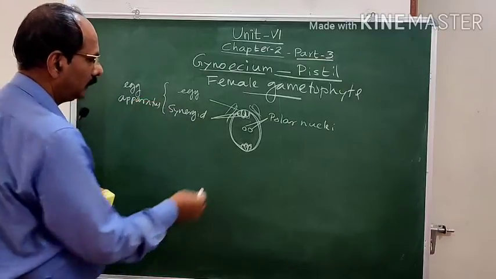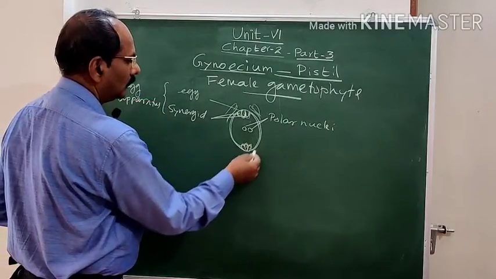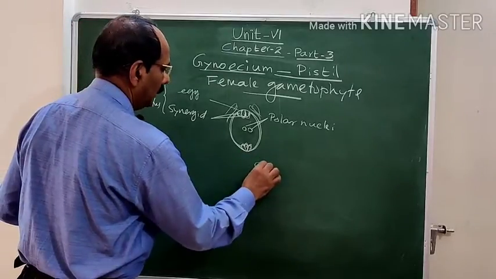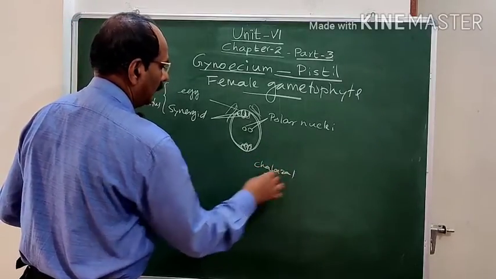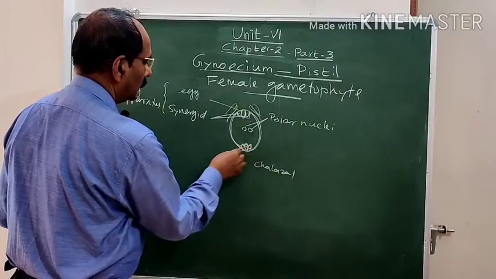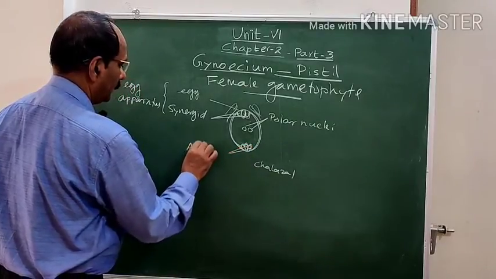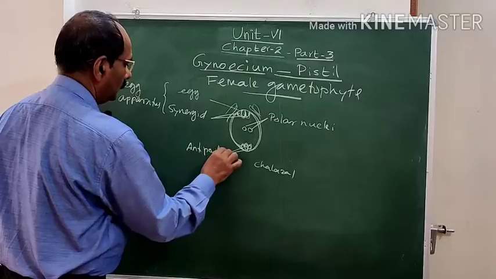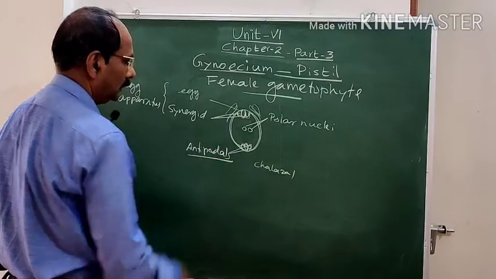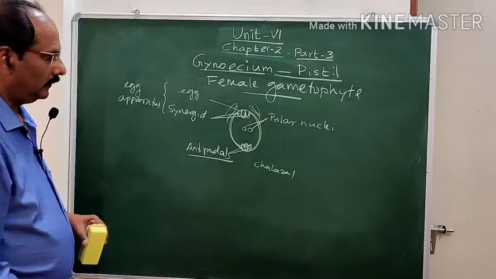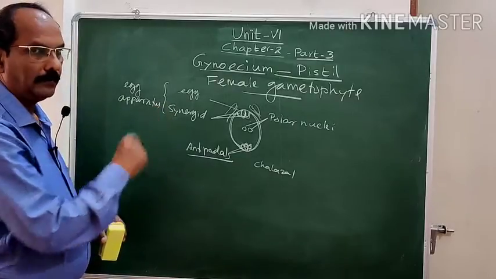Egg apparatus. And the three cells remaining at the chalazal end, this is the chalazal end, these three together are known as the antipodals. Antipodals. So this structure formed here is known as the female gametophyte.